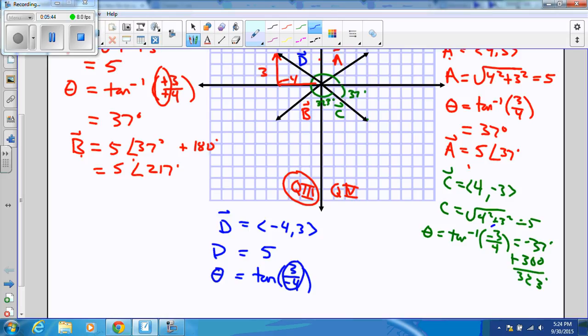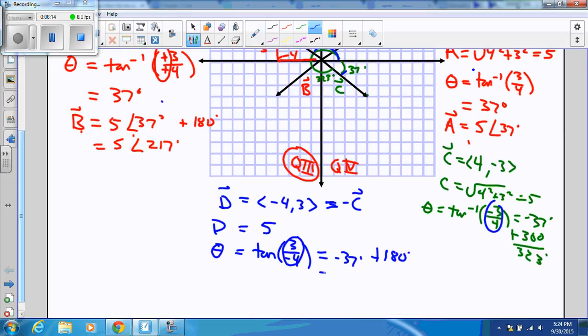It is the same value, -3/4, as we had when we computed the angle for C. And so my calculator is going to tell me -37 degrees, and that's just wrong. This isn't 37 degrees below this angle right here. It's not 37 degrees below the east. What happened? What happened was the same thing that happened with our vectors A and B. And that is that D is exactly opposite to C. And therefore, I need to add 180 degrees to its angle to get the correct angle, which is 143 degrees.